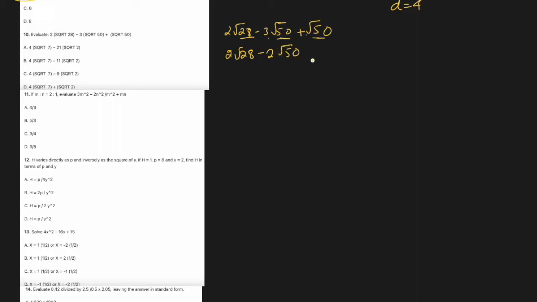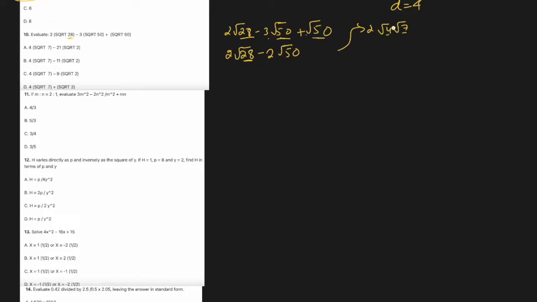Now, let's see what this can be converted to. Is it 28? Yeah. We can convert it to square root 4 times square root 7. This 28 can be broken into two parts.